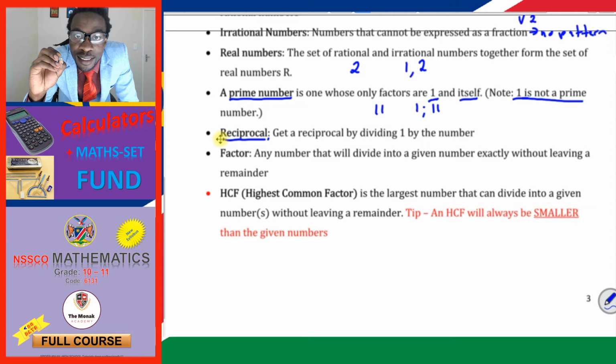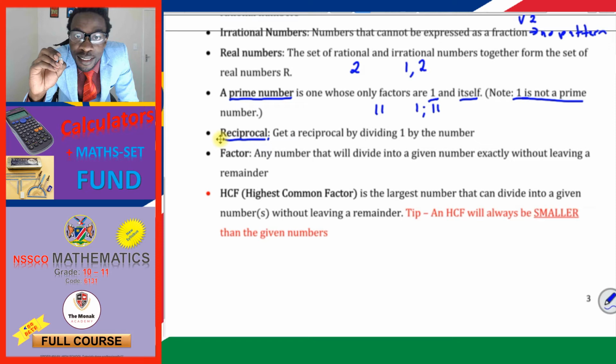With regards to numbers, however, reciprocal simply means you are converting the number to be the opposite of what it was by adding a 1 on top of the existing number, and that number becomes a reciprocal.